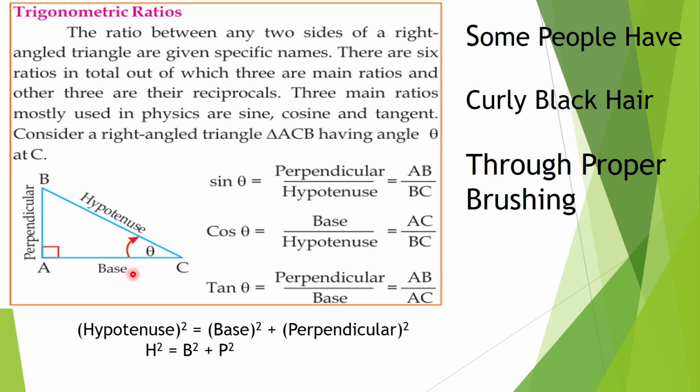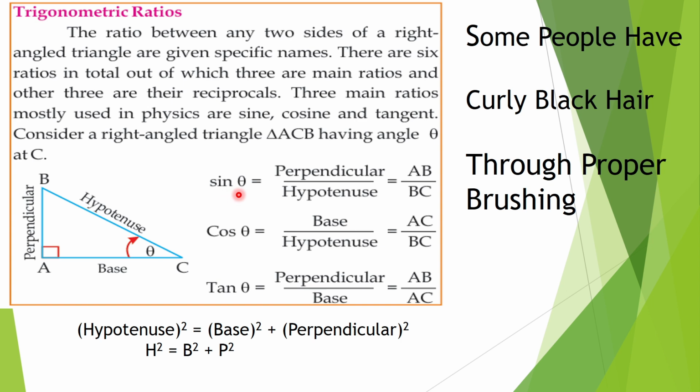If we draw the theta over here, then the base will become this side of the triangle. So please remember this: in front of the right angle there will be the hypotenuse, the other side forming the theta with the hypotenuse will be the base, and in front of theta there will be the perpendicular. So this is your perpendicular.